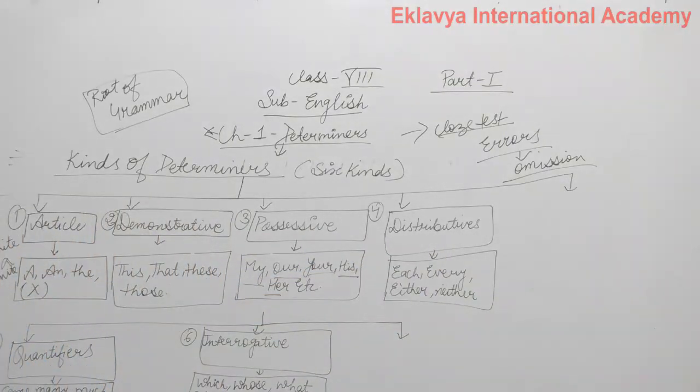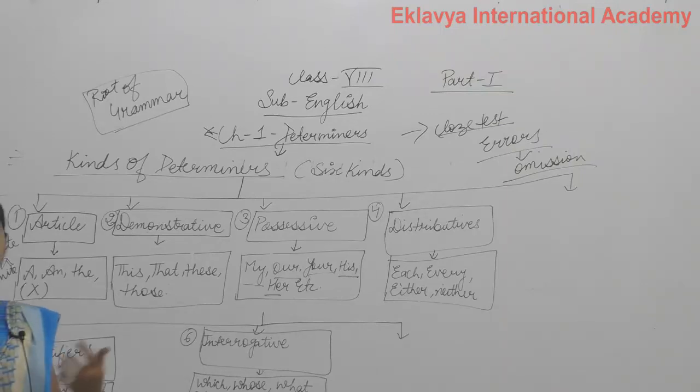Now our fifth one is quantifiers. When we talk about quantity, like some water, little milk, much water, much ink, several students, much sugar, many people.